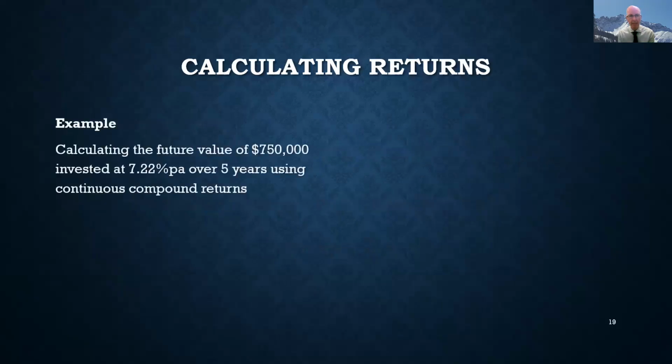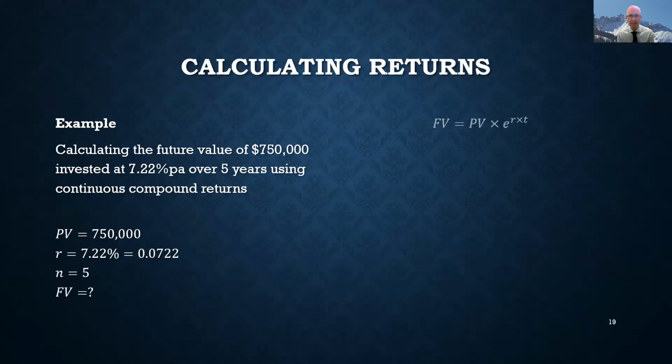Let's do an example. Calculate the future value of 750,000 invested at 7.22% per annum over 5 years using continuously compounded returns. PV equals 750,000, R equals 0.0722, which is dividing it by 100, of course. N equals 5, and you're left with what is FV?